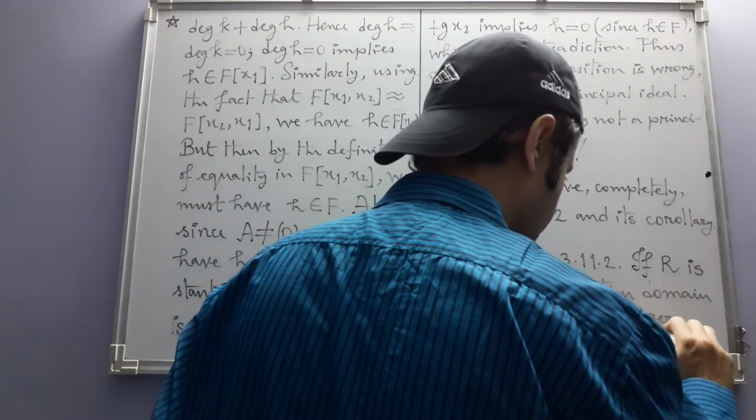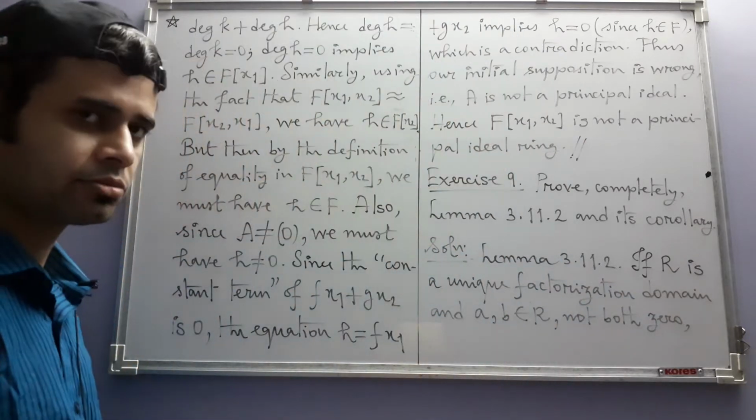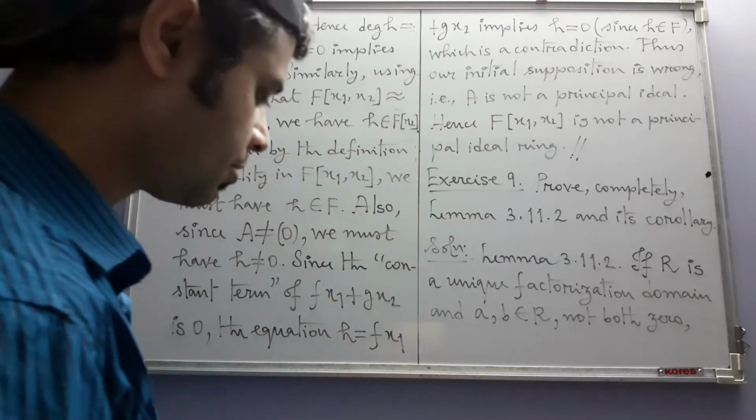That means both A and B are not equal to 0. At least one of them is non-zero.